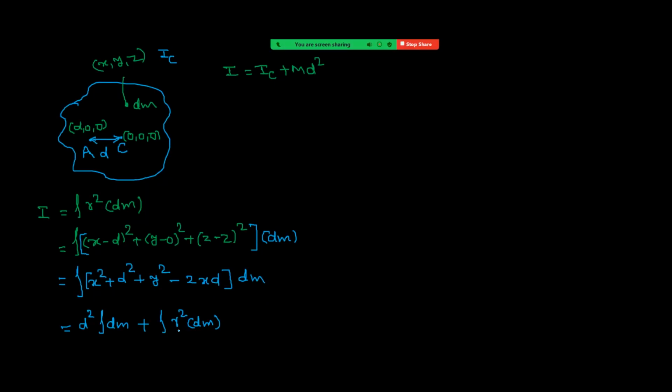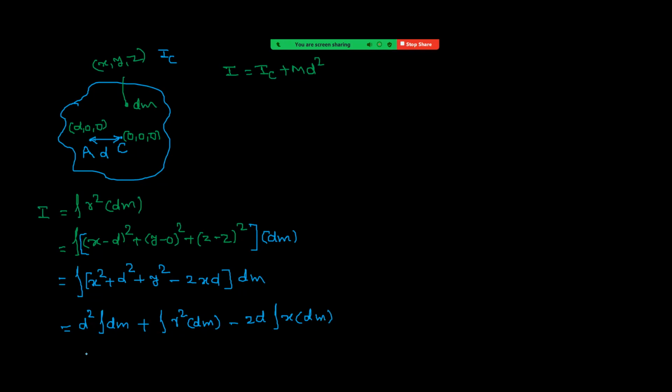This r square means distance of that point from, we can say from where, r square into dm, right? Next, see what else is left here: minus, I can take 2 and d outside, 2d outside, integration of x dm.